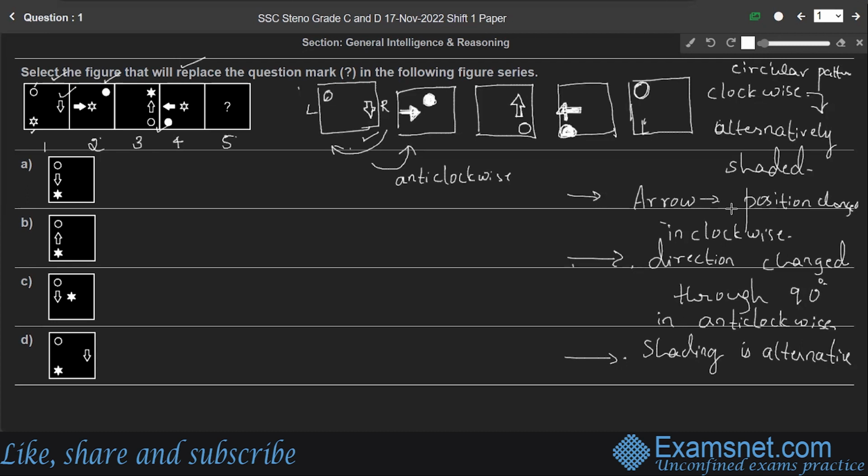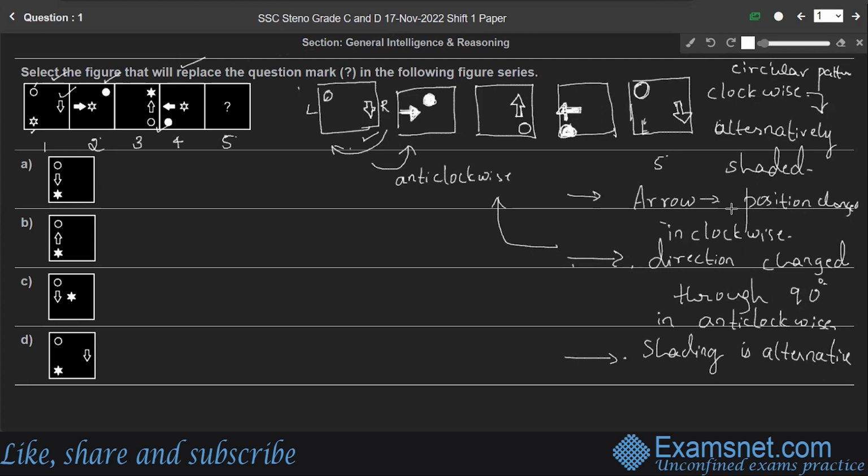That means the direction is changed anti-clockwise through 90 degrees. Therefore, in the fifth figure, the position of the arrow mark should be the right position. When this arrow mark is rotated through 90 degrees in anti-clockwise direction, it will face downwards.